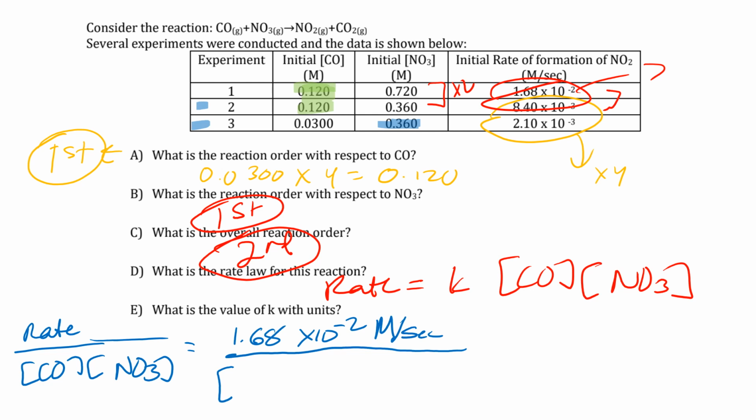The concentration of CO is 0.120 molar, and then the concentration of nitrogen trioxide is 0.720 molar. You do your math.